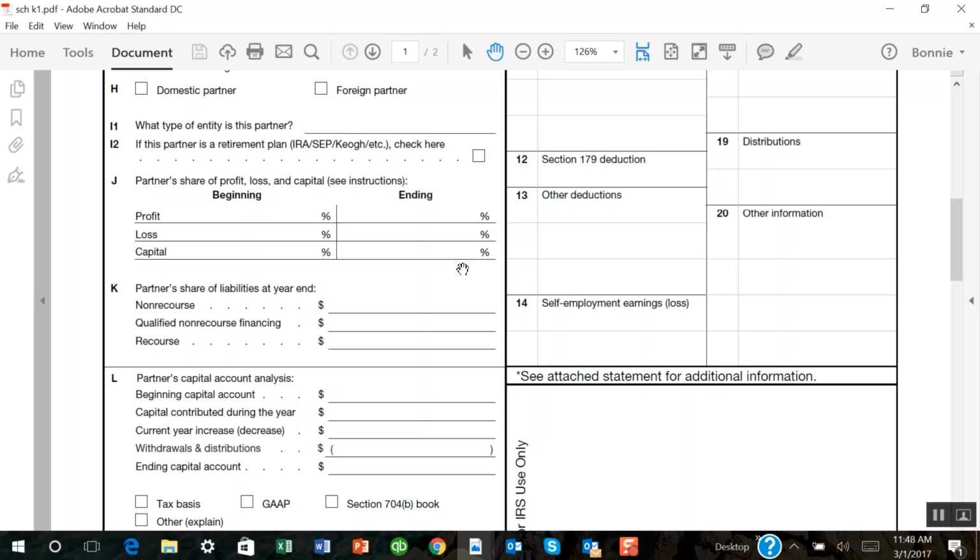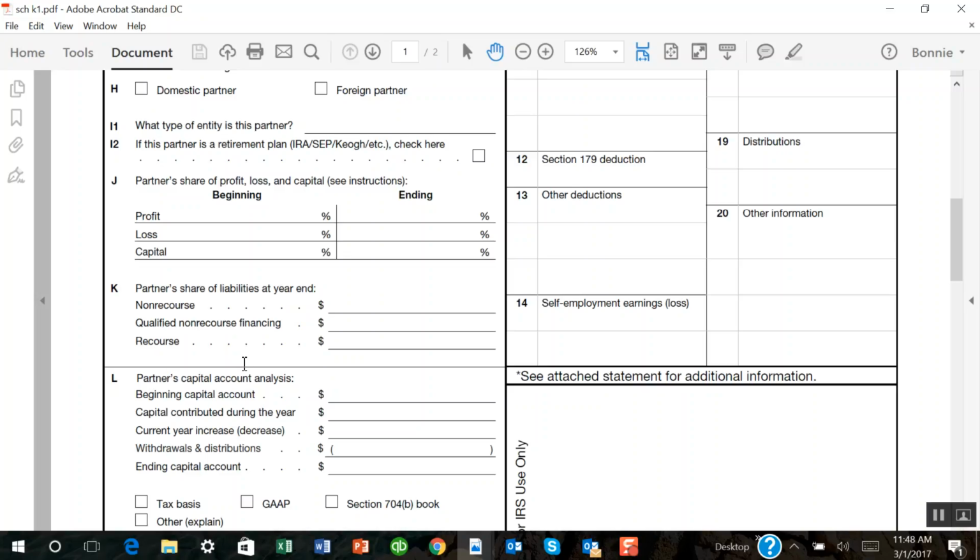His P&L sharing ratio is the same at the beginning of the year as it is at the end of the year. But in some cases, there could be a dilution of interest because somebody else bought into the partnership, or he could have sold part of his interest, or he could have contributed more property into the partnership for an increased share in his interest in the partnership. So you do need to pay attention to that because sometimes these figures will be different.